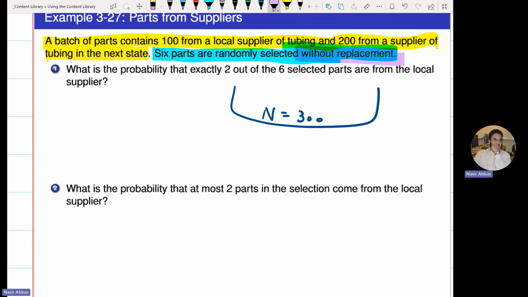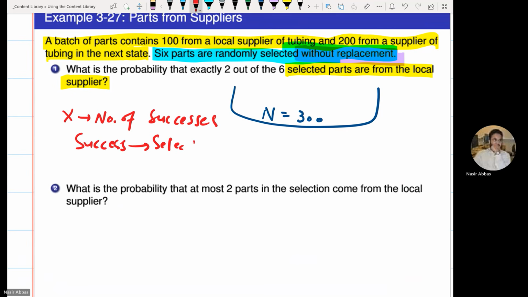See, where are you interested? I will highlight that. Selected parts are from local. So your success is that the selected part is from local.